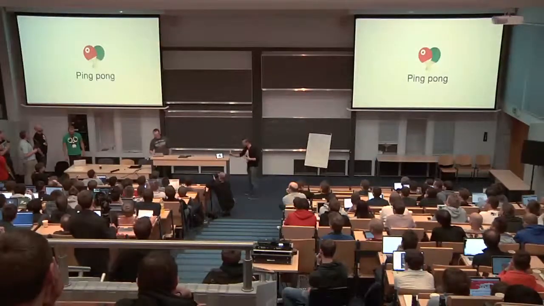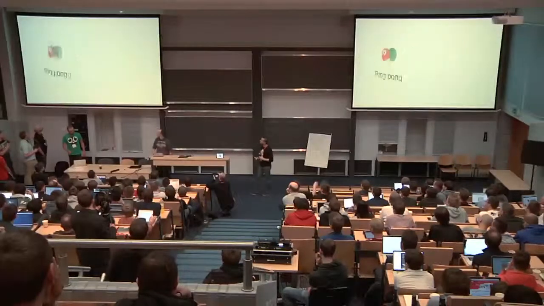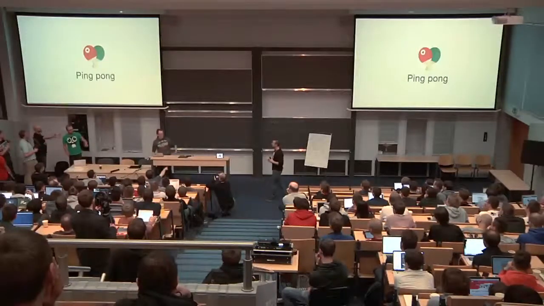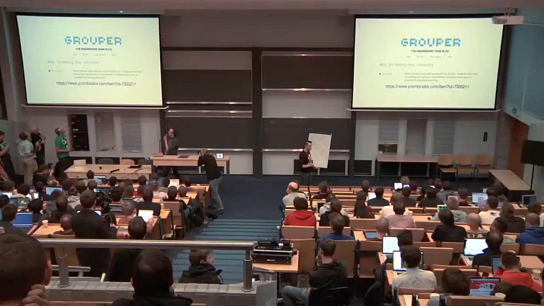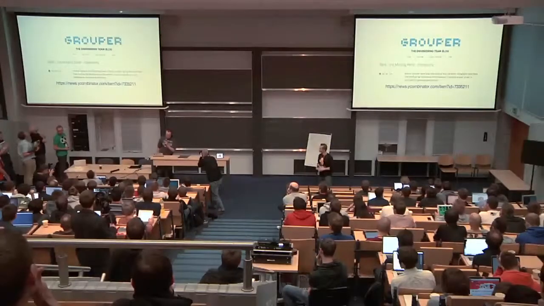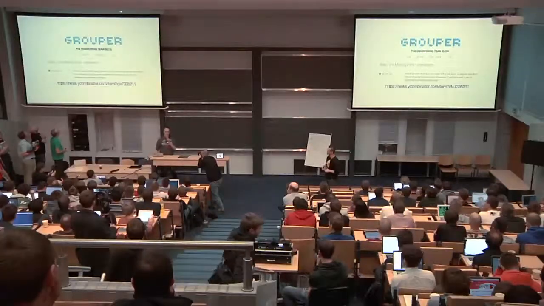So ping pong. Where does this come from? There was this post by guys from Groupon. They basically touched on a little bit of the things that we talked about today and yesterday.